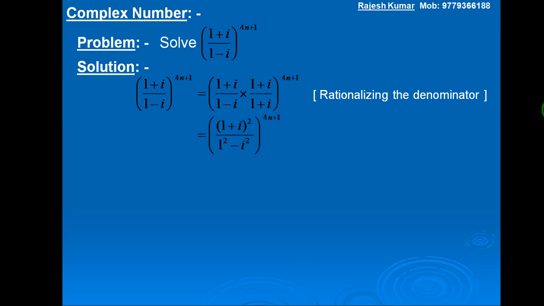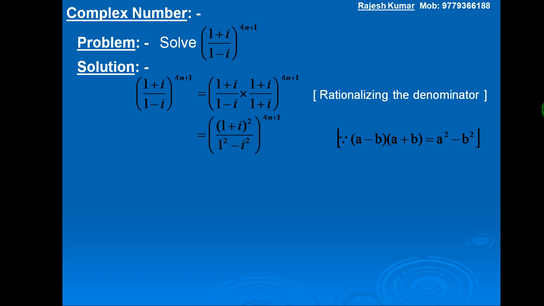Equal to, in the numerator the quantities are the same, that is both are 1 plus iota. So in the numerator we get (1 plus iota) whole square upon, in the denominator we get 1 square minus iota square, because (a minus b) into (a plus b) is equal to a square minus b square.